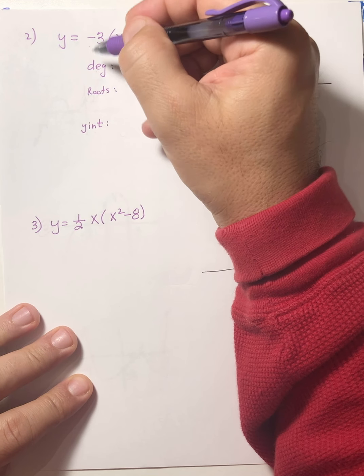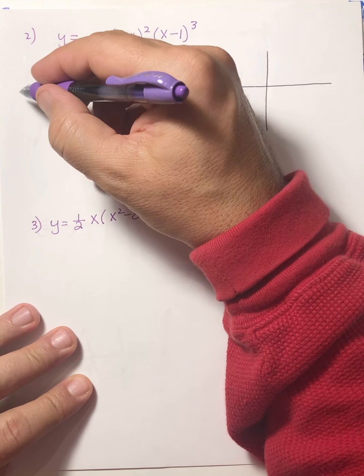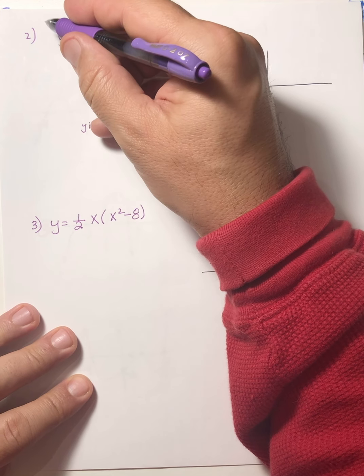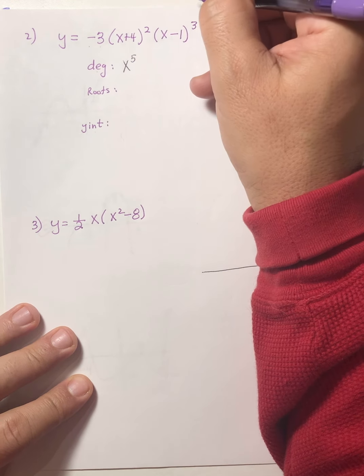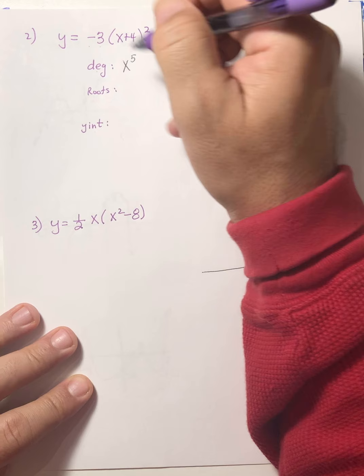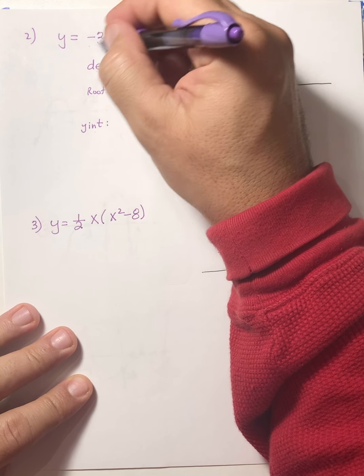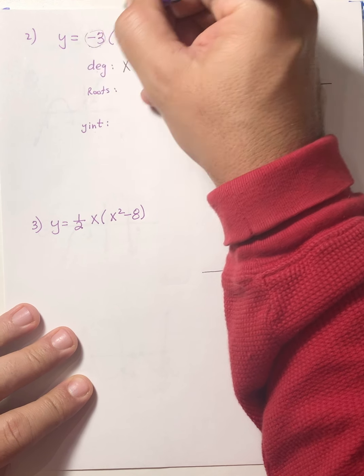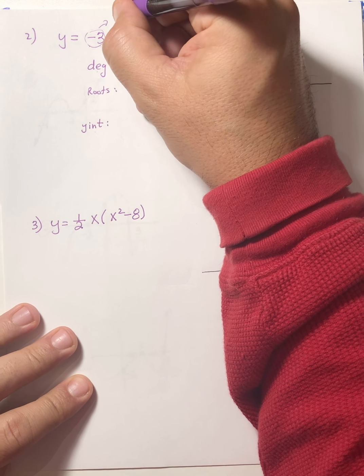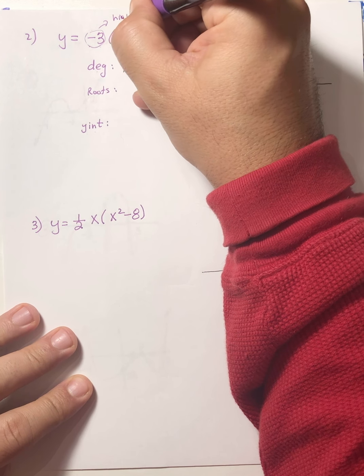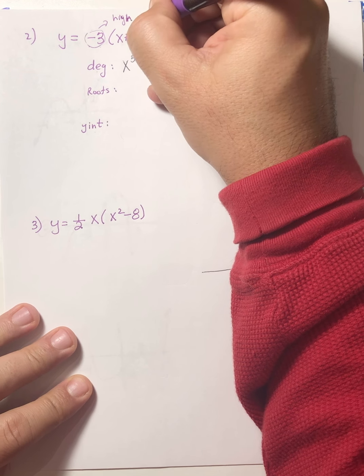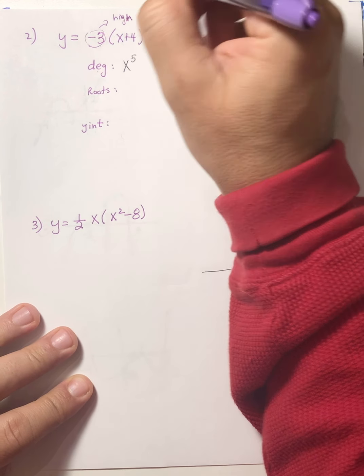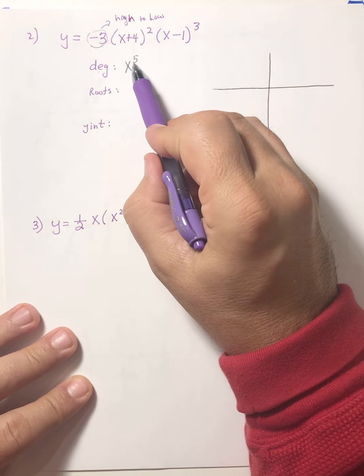So if we're flipping over the x-axis, starting low means we start high. Finishing high means we finish low. So this negative, the -3, says we are going high to low because of the negative sign. And it's a 5th degree.